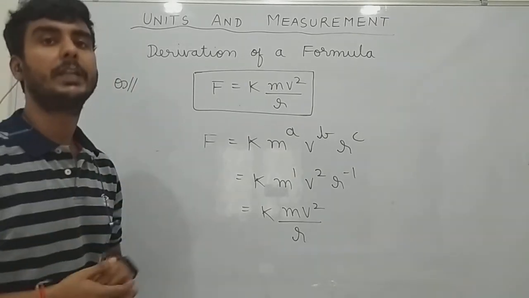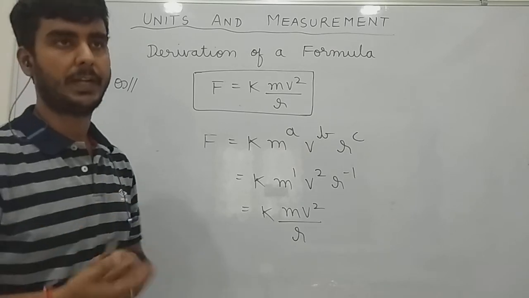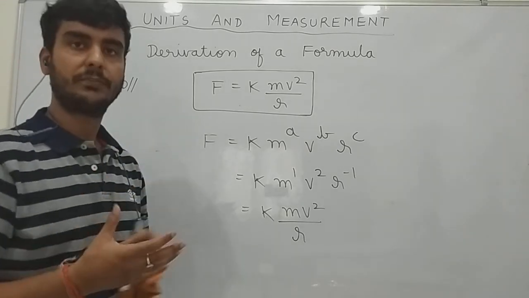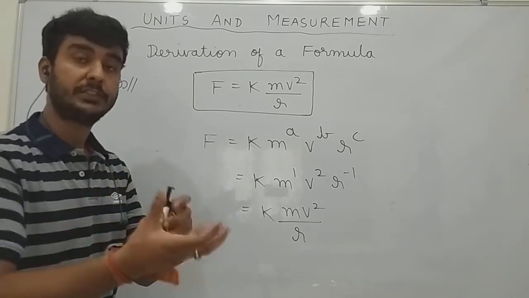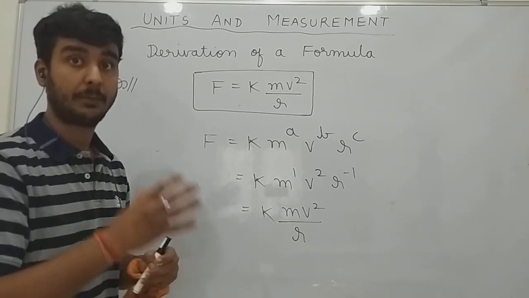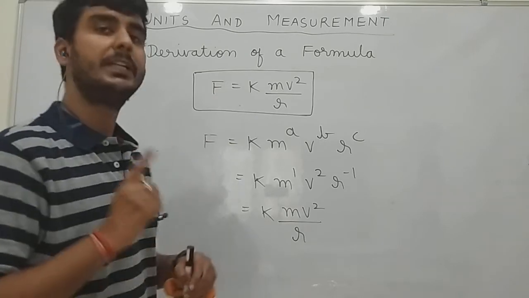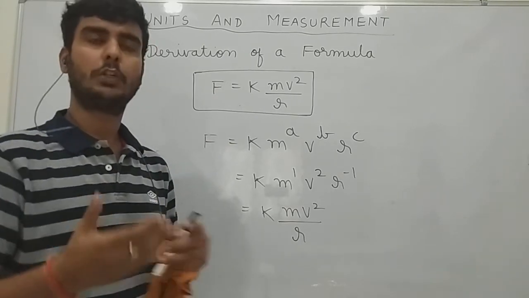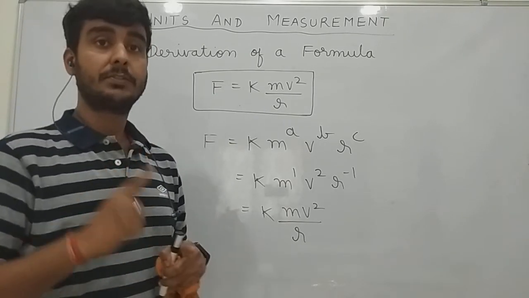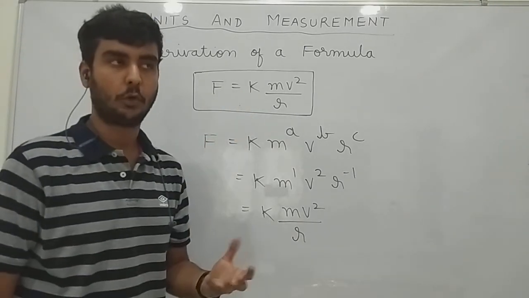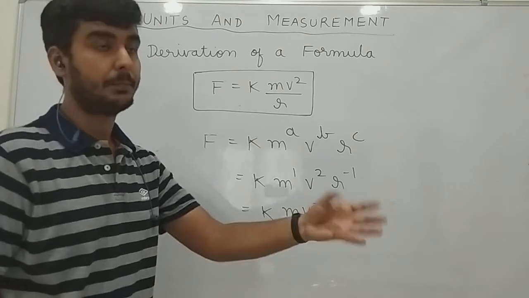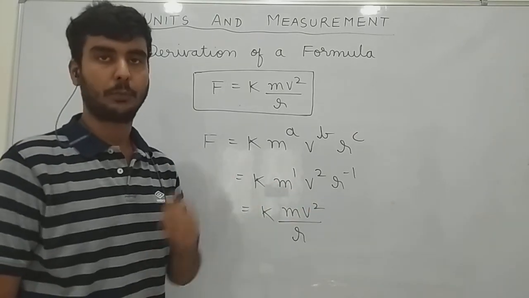So this is how you can use dimensional analysis to find formula of a physical quantity if the factors on which that physical quantity depends are provided to you. So there are some limitations of dimensional analysis. What are the limitations? Dimensional analysis cannot find these dimensionless constants which are present in the formula.